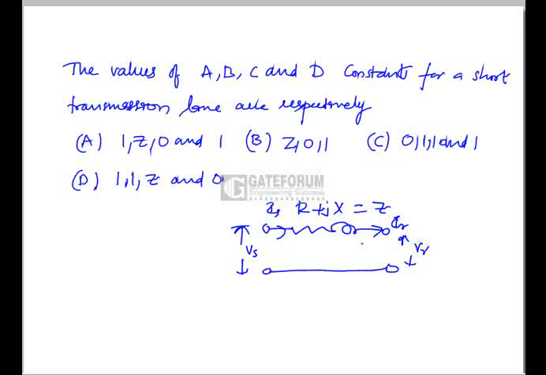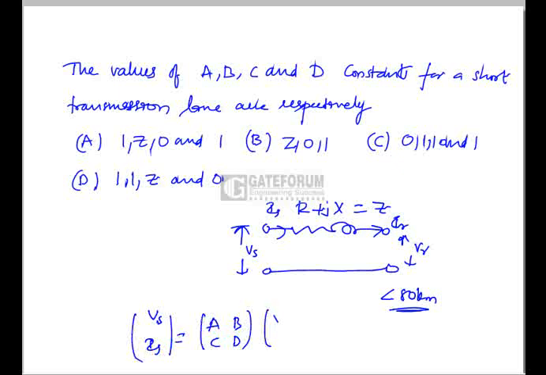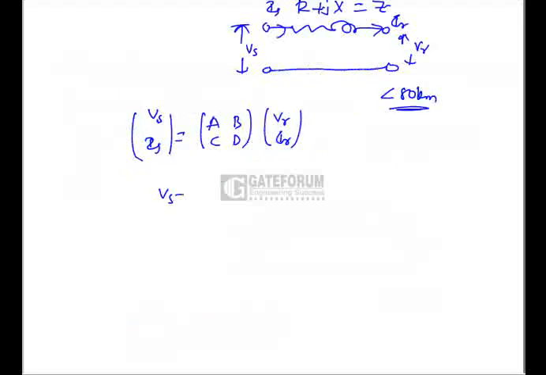Capacitance is negligible because it is only for short distances, less than 80 kilometers, which come under short transmission lines. Now what are ABCD parameters? Vs, Is is equal to ABCD times VR, IR. Now write the equations: Vs is equal to VR plus IR into Z. Similarly, Is is equal to IR for this short transmission line.